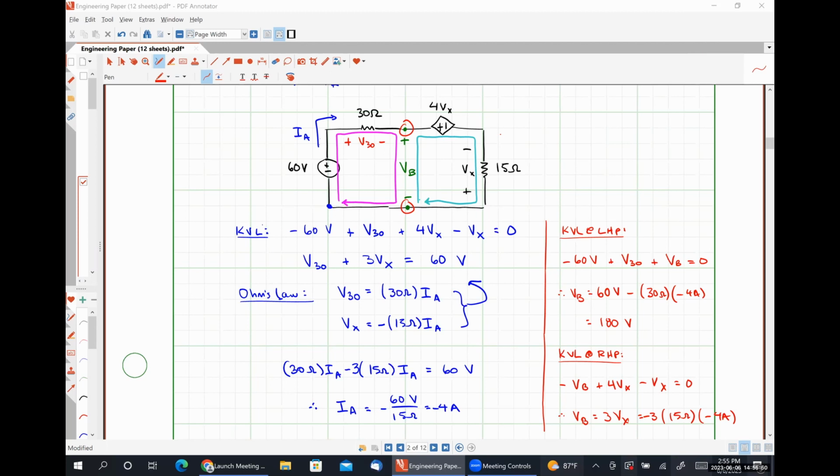Mr. Lewis asked where this negative sign came from, let me point it out here really quickly. At least I believe this is the one that he's referring to. This negative sign here is this negative sign here. Since our current IA is entering the negative polarity terminal of the voltage Vx, we need to include that negative sign in our Ohm's law equation.